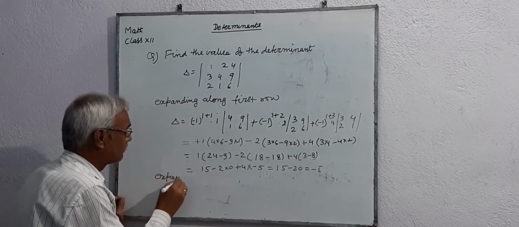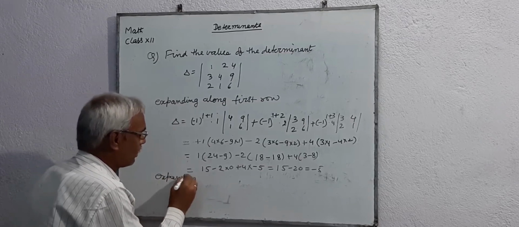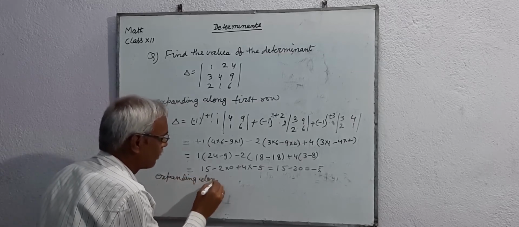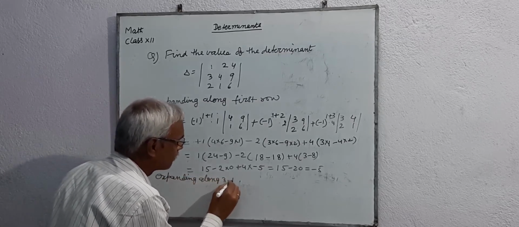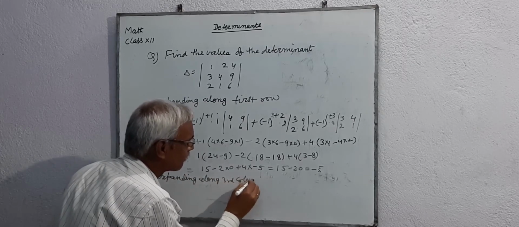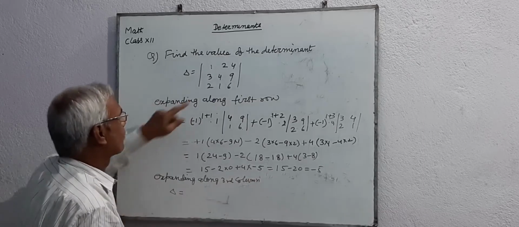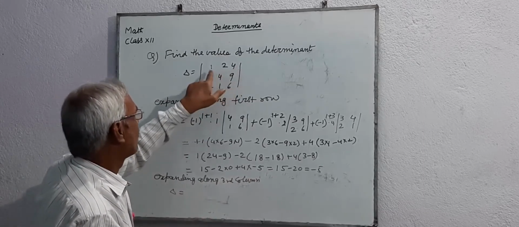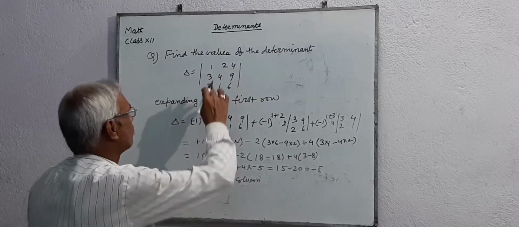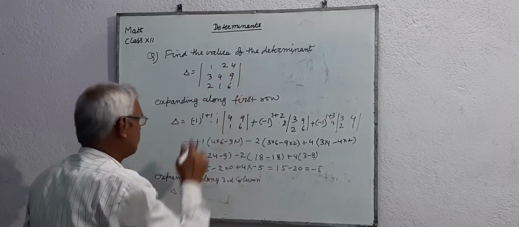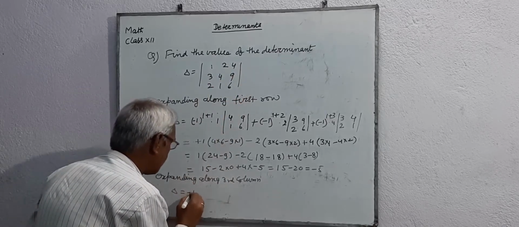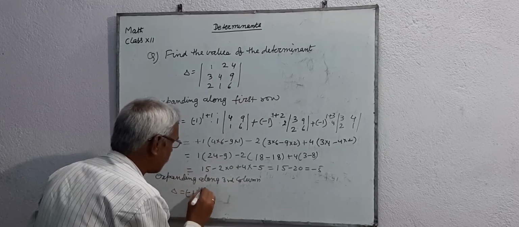Expanding along the third column, determinant equals: in the third column, the first row and third column element is 4, with sign minus 1 to the power first row and third column.